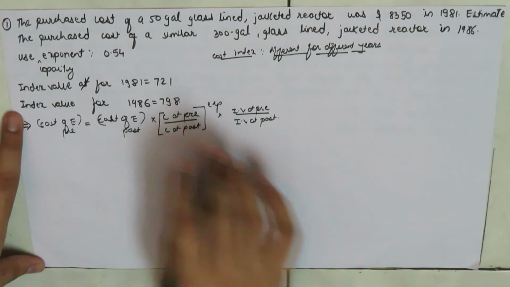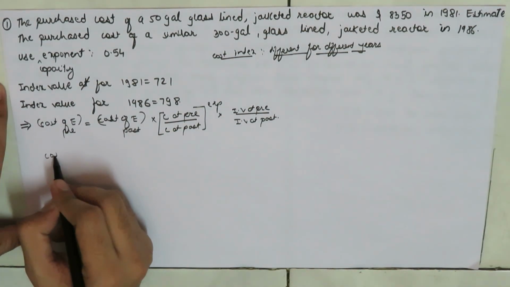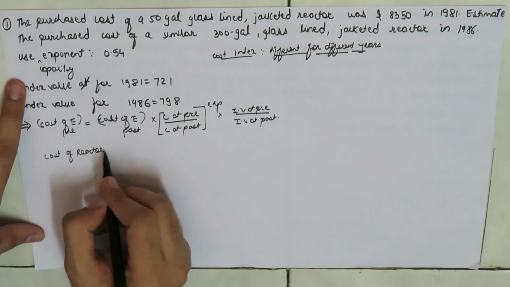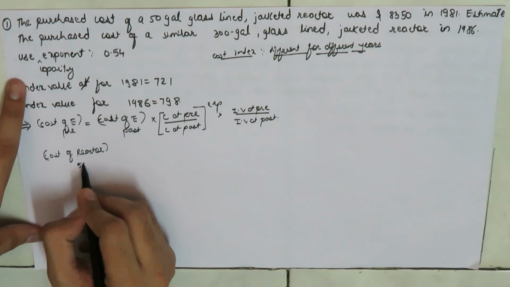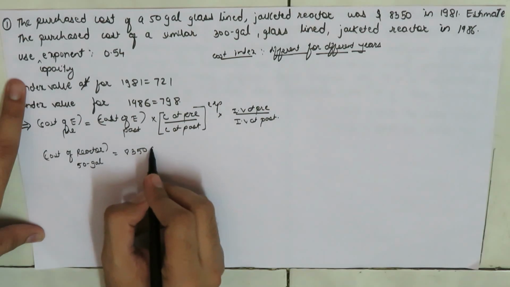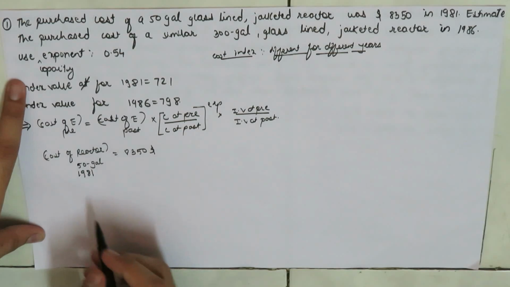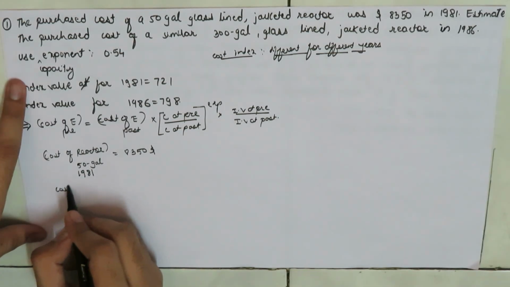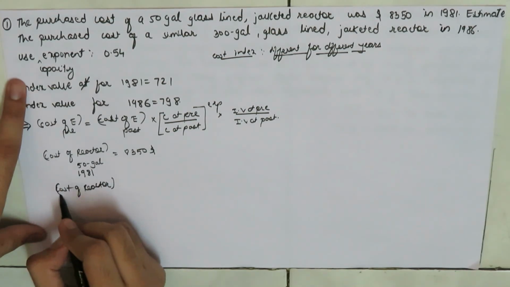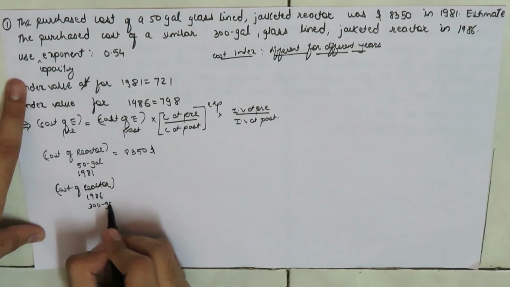So from this given data we know that the cost of reactor whose capacity is 50 gallon is $8,350 in year 1981, and we need to find the cost of the same reactor in the year 1986 whose capacity is 300 gallon.